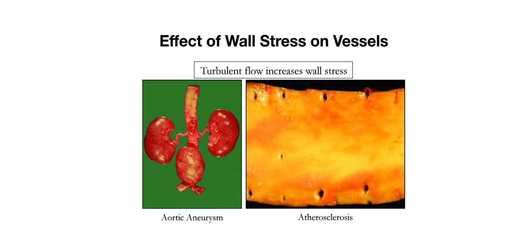This is the figure I mentioned before that's showing your infrarenal abdominal aorta, that enlarged portion below the kidneys, which is your aortic aneurysm. Typically, aneurysms are asymptomatic. You're not going to have much of an issue until they rupture.